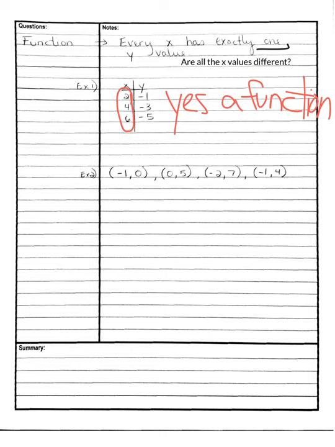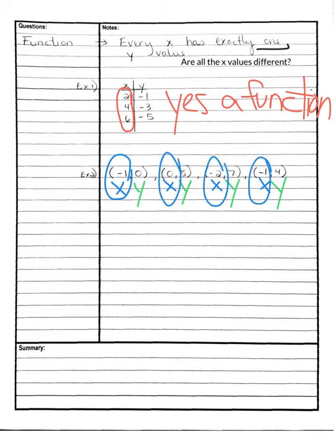And when we look at ordered pairs in example 2 here, we need to remember which one is the x and which one's the y. Remember, we're looking at our x's. It's the first one. Remember, it's xy, xy, xy, and xy. So we want to look at all the blue x's.